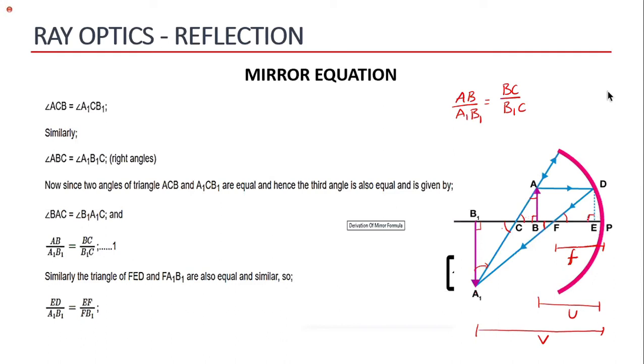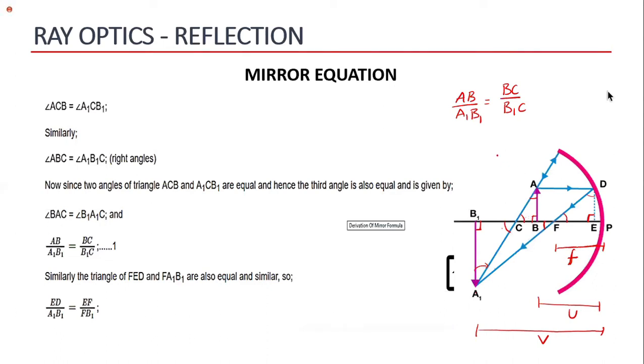This is 90 and this is also 90. So these also become similar triangles.